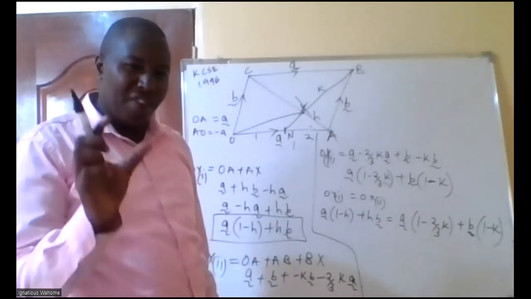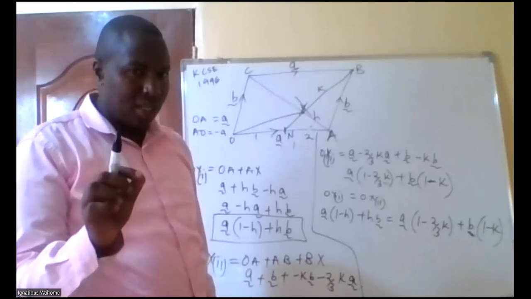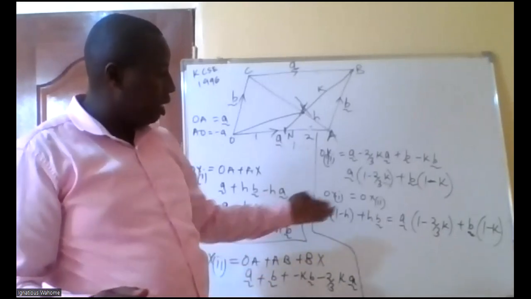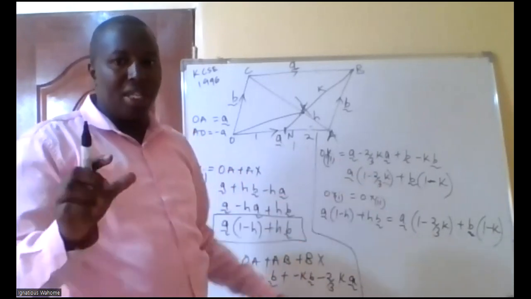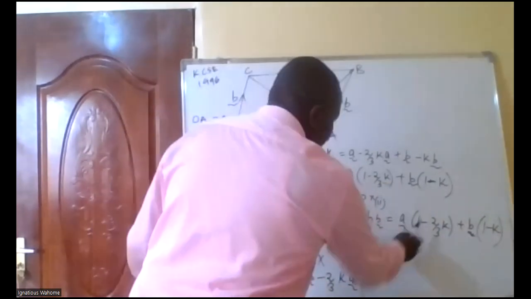Equate the vectors. The two sides, vector OX1 and OX2. Equate the vector A and vector A on this side.